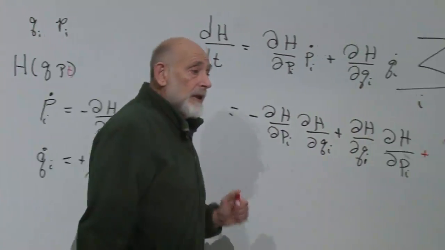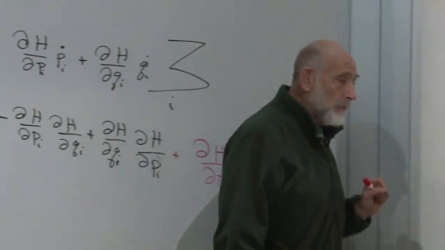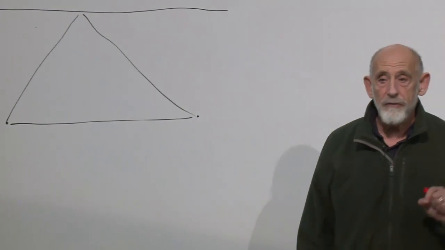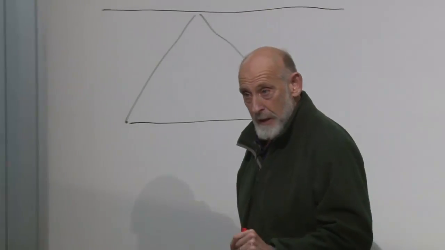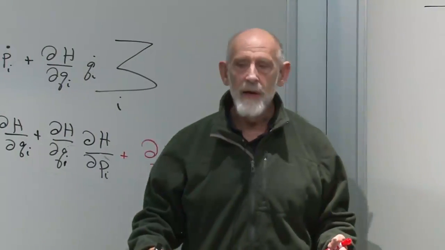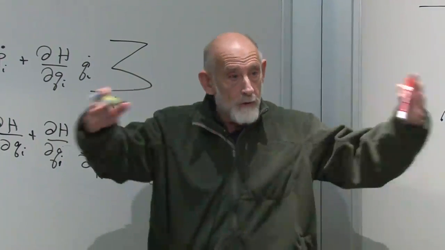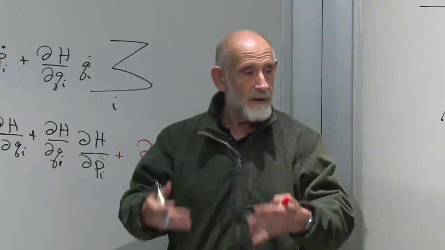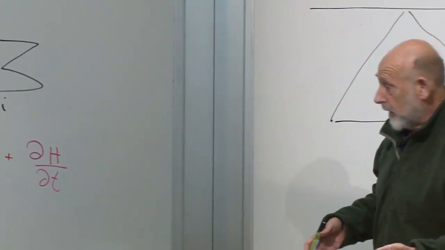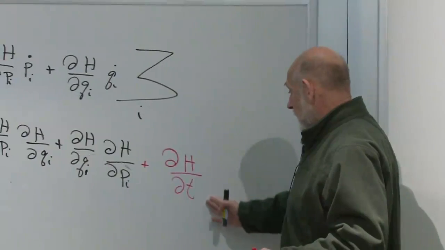But of course, the essential point is that if the system is translationally invariant with respect to time, which is another way of saying that the parameters of the problem don't change with time, for a closed system where everything has been taken into account, we expect that the parameters don't change with time, then in that case, this red piece here would be 0.